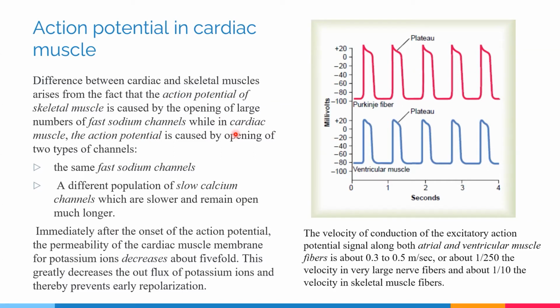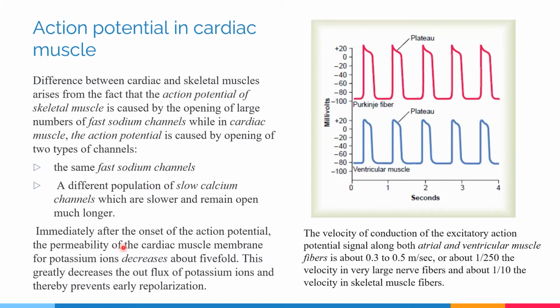While in the cardiac muscles, the action potential is caused by opening two types of channels: the same fast sodium channel as is present in the skeletal muscle, and a different population of slow calcium channels, which are slower to open and remain open for a much longer time than the sodium channels.